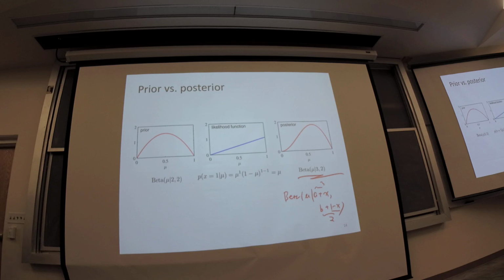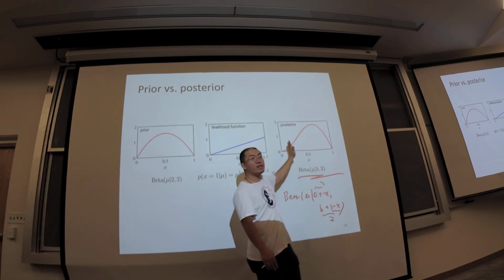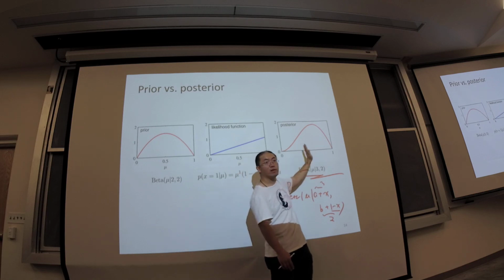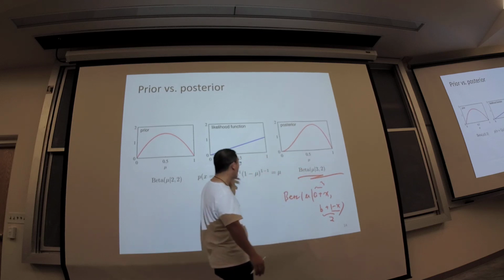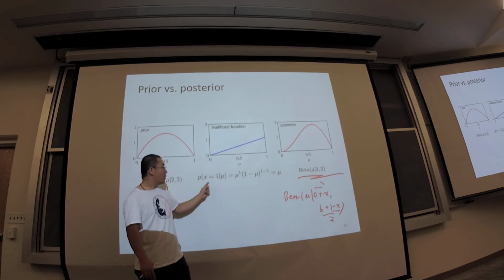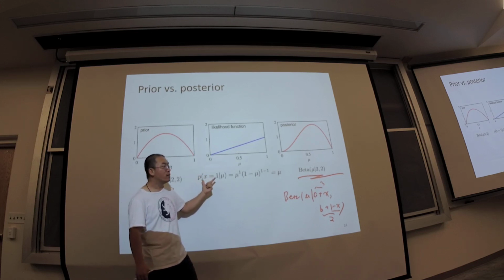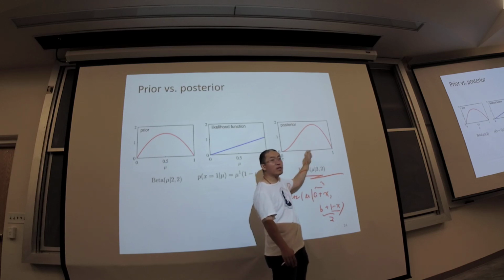Now we can see the shape of the posterior density changes. It is biased toward 1. That means after I have observed x taking 1, I believe that mu is more likely to be bigger than 0.5.